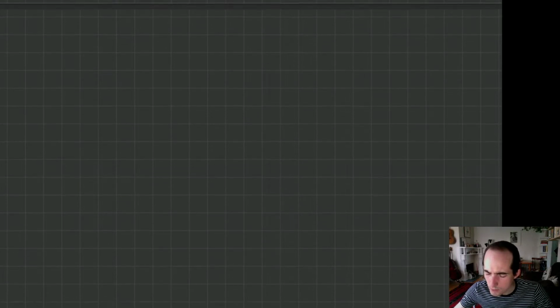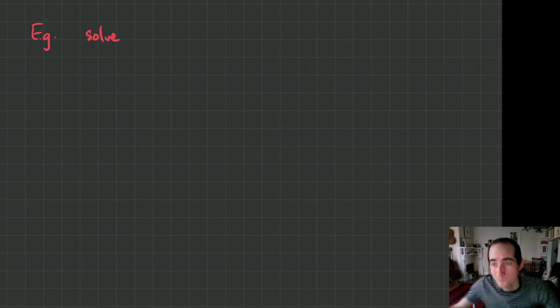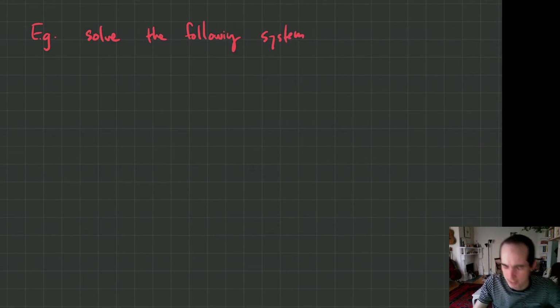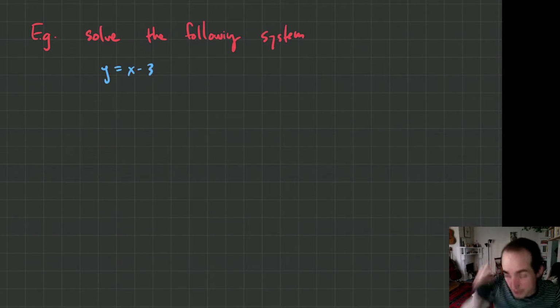Okay, so let's see what that actually means. So let's just jump right into an example. Let's solve the following system, and that'll look something like this. We've got y equals, I'm just going to borrow this one. So y equals x minus 3, and y equals 5x plus 1.